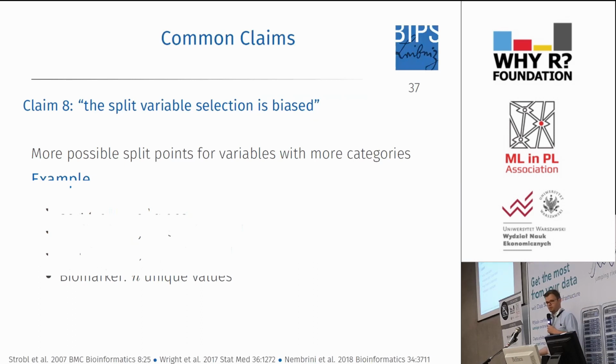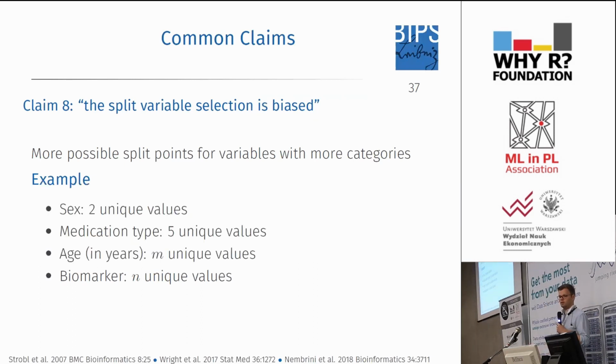you have a similar data set as in the example before. You have sex. This is just 2 unique values, could be more. You have medication type, which in this example has 5 unique values. For age in years, this is M unique values, which here is smaller than N. And you have a biomarker where all values are different.